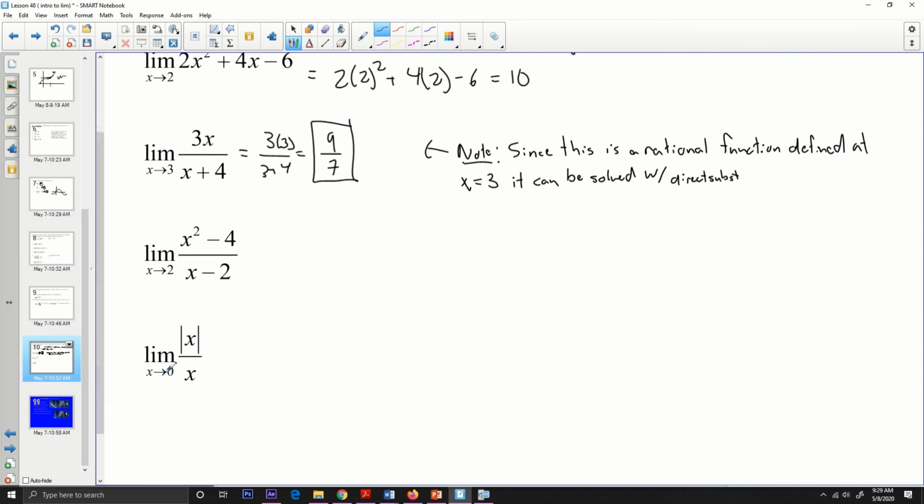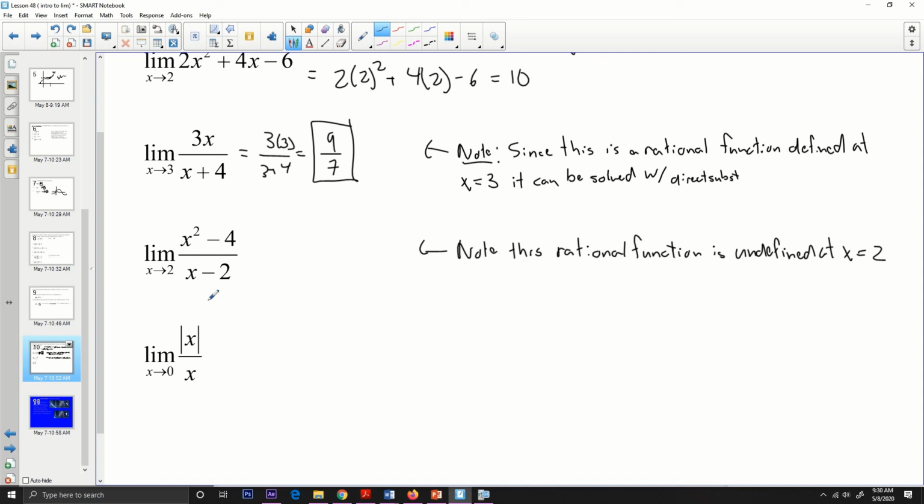All right, let's take a look at this one. Now, here we have a problem where we have another rational function. But when I plug in 2, I get 2 minus 2 on the bottom, I get 0. So note, this rational function is undefined at x equals 2.